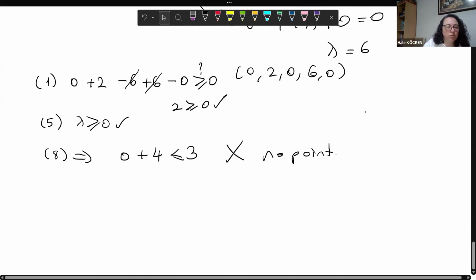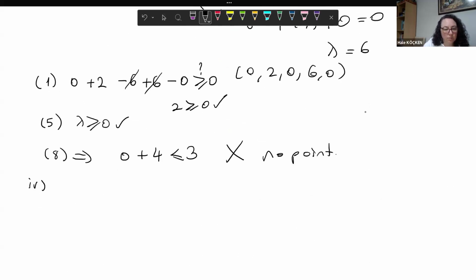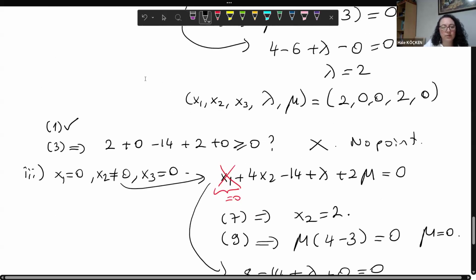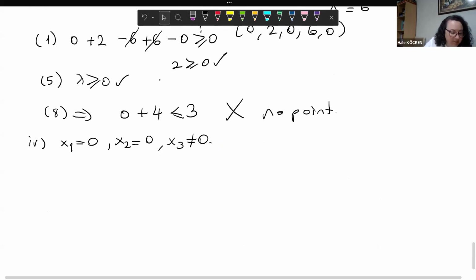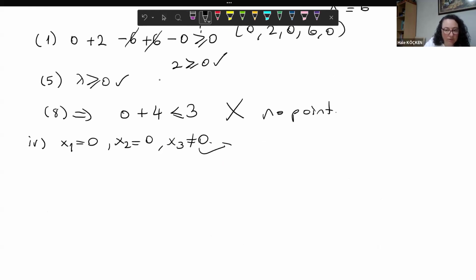Next case, fourth. X1 is different from 0. Not different, it's 0. X2 is 0, but X3 is different from 0. Yes. If X3 is different from 0, the coefficient of it, which is lambda, has to be 0, because X3 times lambda is 0 from the sixth equation.